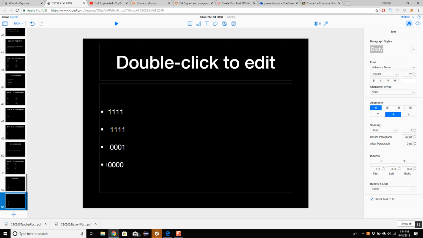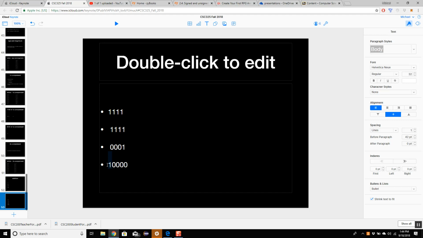All right, and then we technically have an extra 1. We have an overflow, because we're dealing with a nibble here, so we only have 4 little slots. When I add 1 to 1, 1, 1, 1, I end up with 0, 0, 0, 0 with an overflow of 1.